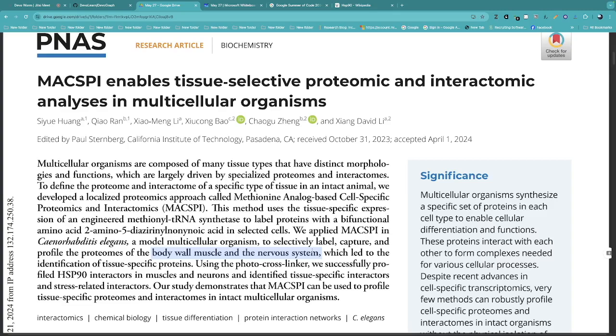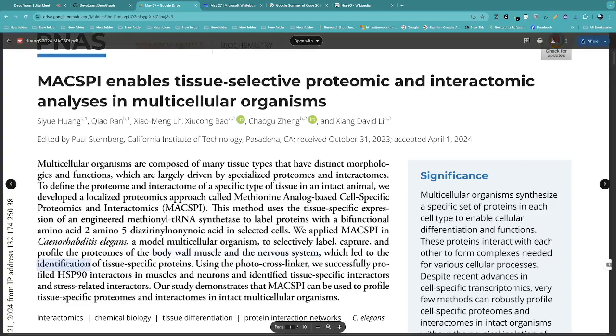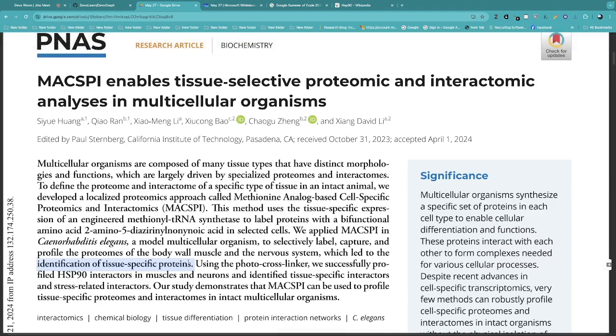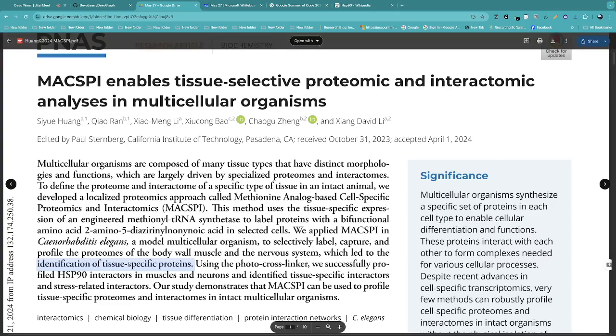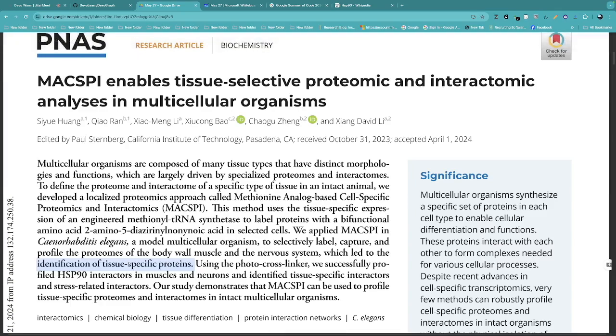Now, in doing so, it leads them to the identification of tissue-specific proteins. So you can use these markers to sort of select cells. You can also identify tissue-specific proteins because these are specific types of cells. These are muscle cells and neurons, and muscle cells and neurons are closely linked in terms of their composition.